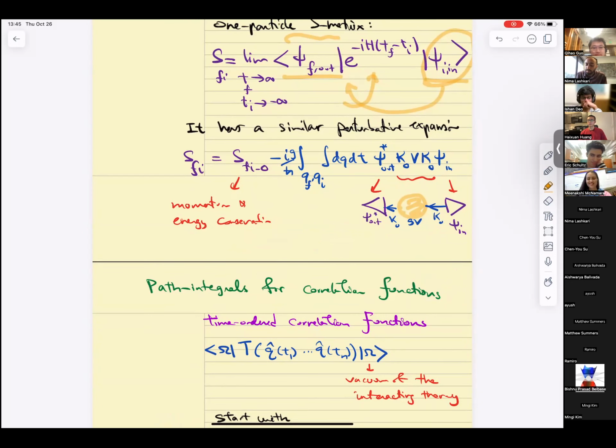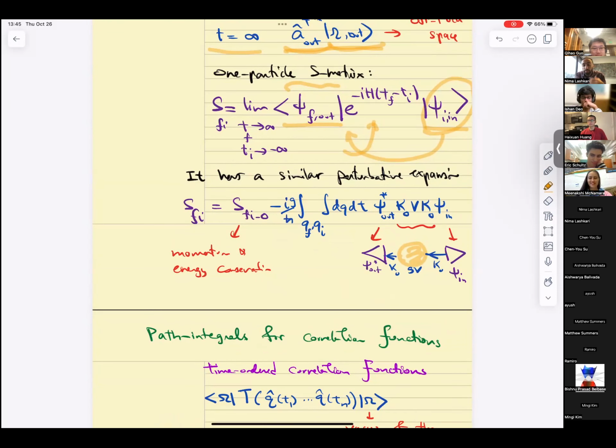So, all right, that is the S matrix. Now the perturbation theory that we set up for the propagator actually could be used to get a perturbative expansion for the S matrix. The S matrix to the zeroth order comes from the term in the Hamiltonian which is just free theory.